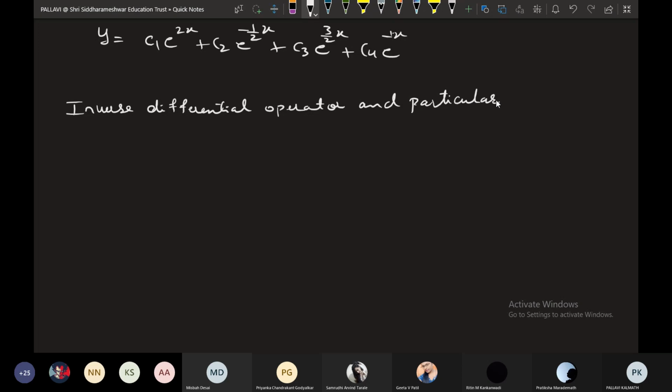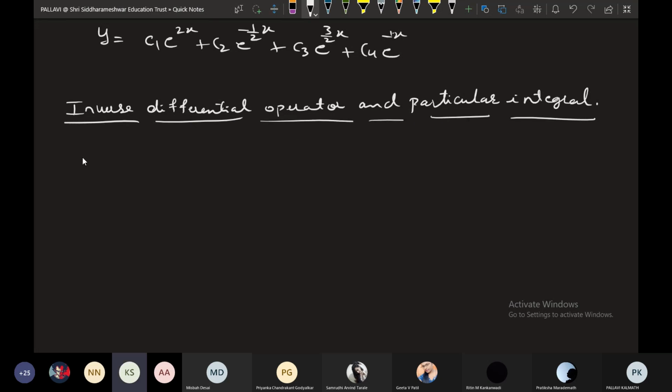Can anybody read it? Inverse differential operator and particular integral.